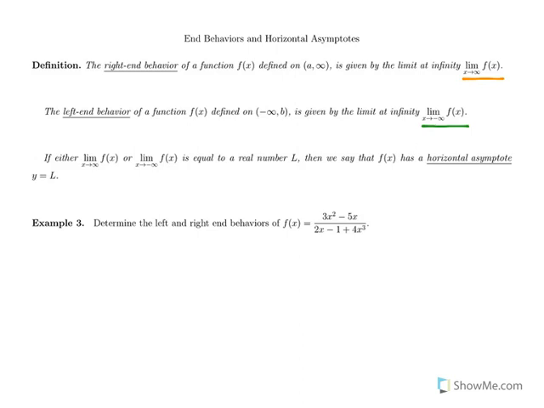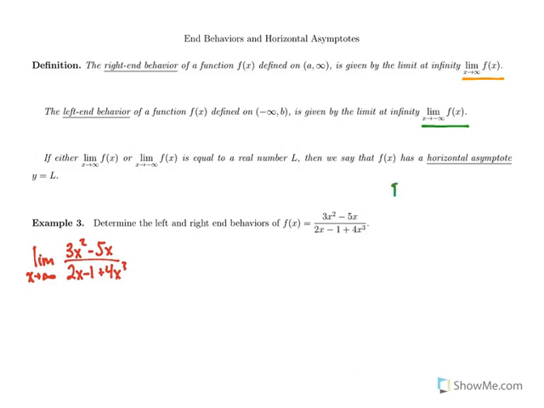So let's look at an example. Determine the left and right end behaviors of this function. This is a rational function, polynomial over a polynomial. So we are looking for the limits at infinity. The limit as x approaches infinity of 3x squared minus 5x over 2x minus 1 plus 4x cubed, and the one at negative infinity as well.